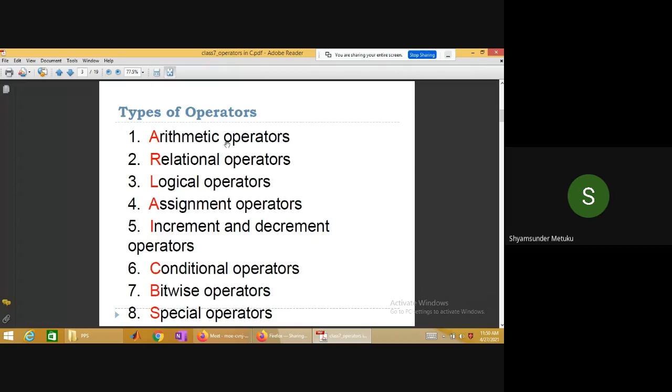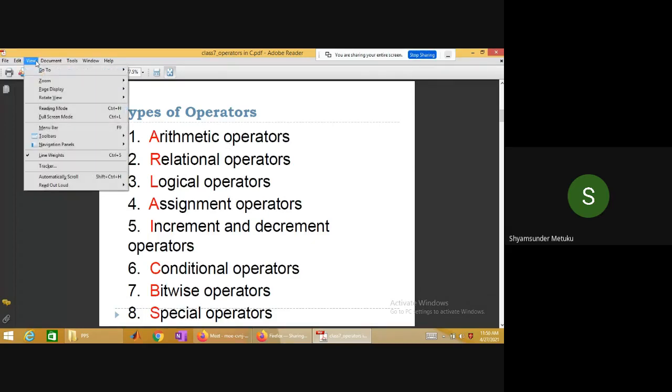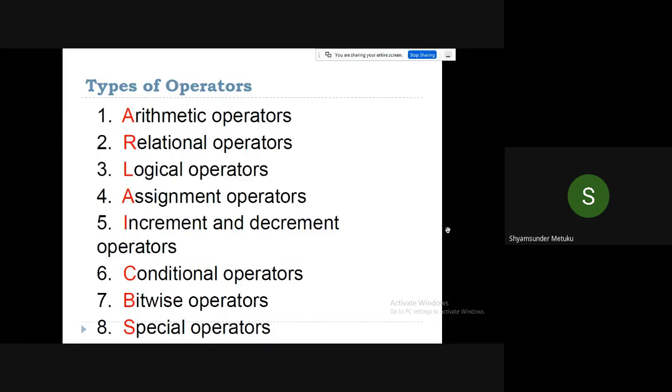Then comes the logical operator, which deals with logical operations. Is anybody aware of the different logical operations? You might have studied them in your plus two also. Anyone of you can respond. What are the different logical operations? Truth table. Yes.